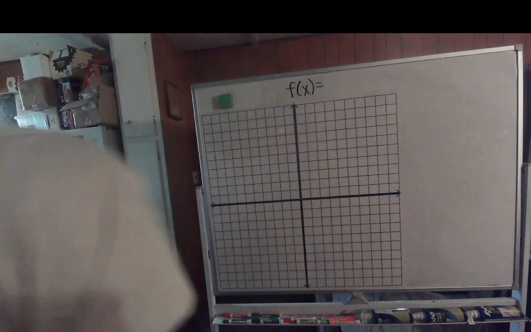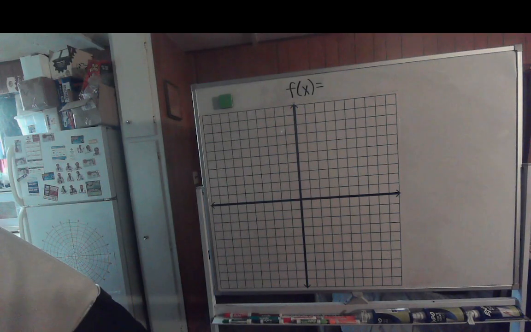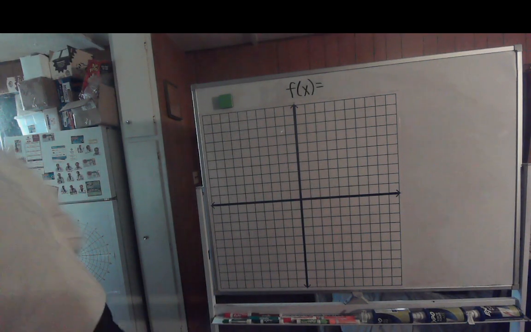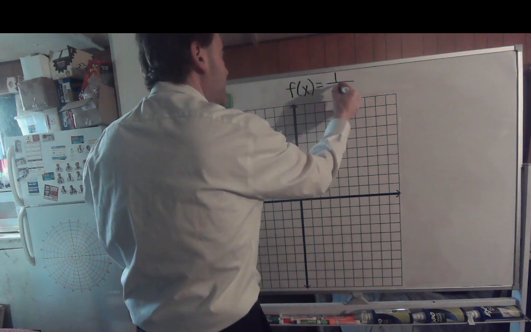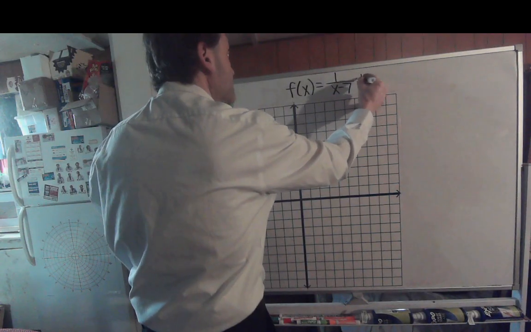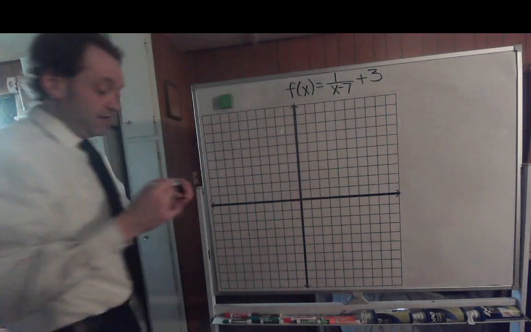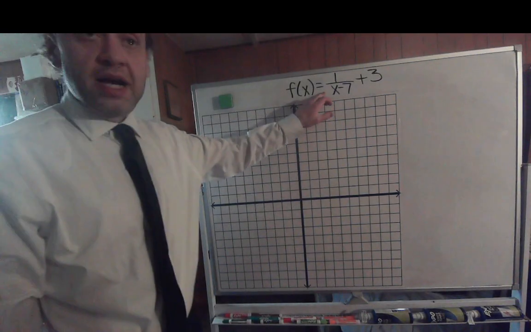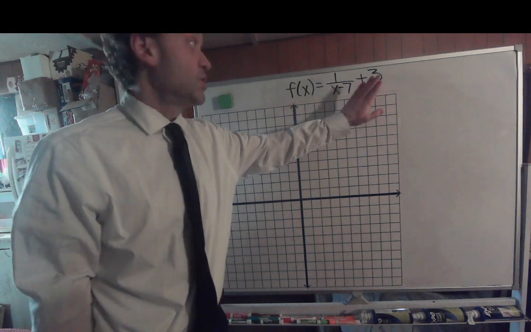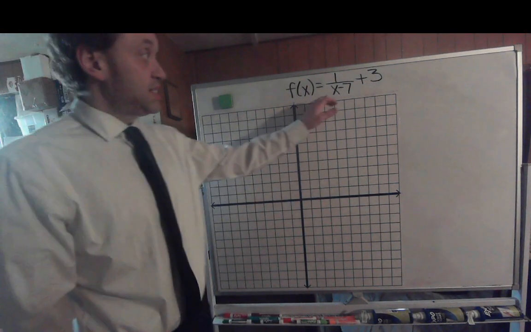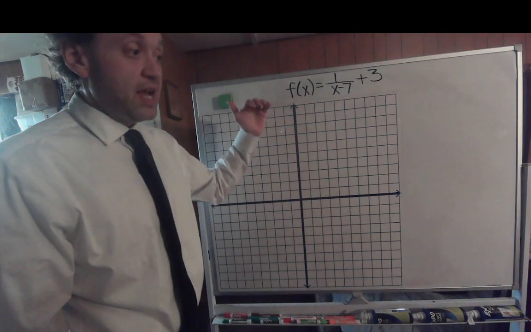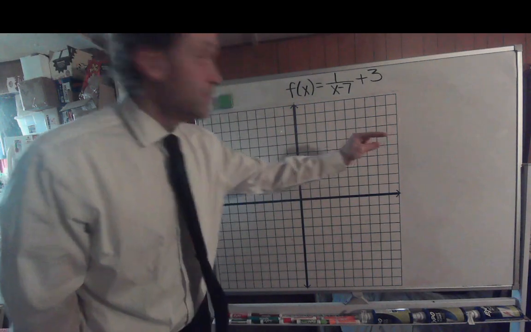What if I did 1 divided by x minus 7 plus 3? So f of x equals 1 divided by x minus 7 plus 3. So what's going on here? Well, you notice that minus 7 means that everything's going to shift to the right 7 units.